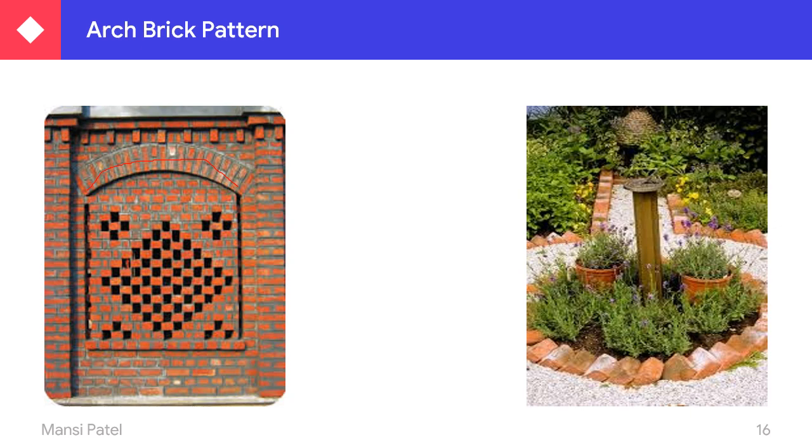To make any brick design, it is not necessary to put bricks in a horizontal or vertical position. You can use any position to make the design. You can put the brick slanting also.